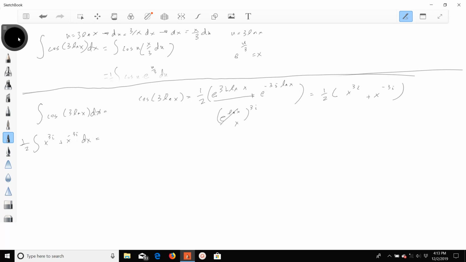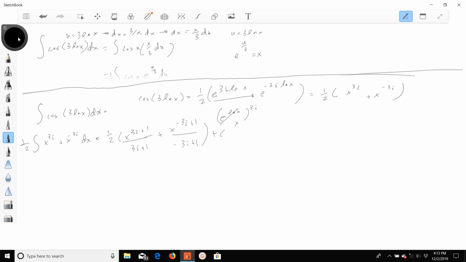Now this might look strange to you at first, but this is just 1/2 times x to the 3i plus 1 over 3i plus 1, plus x to the negative 3i plus 1 over negative 3i plus 1, plus c.